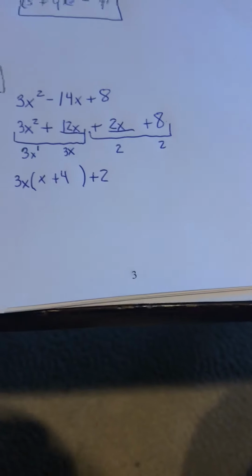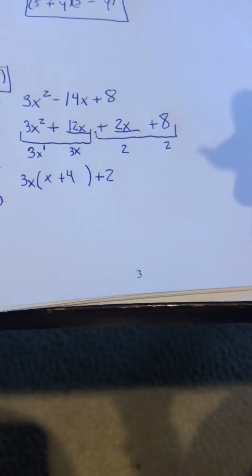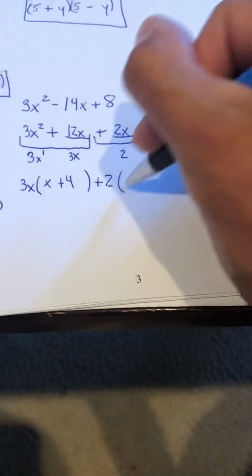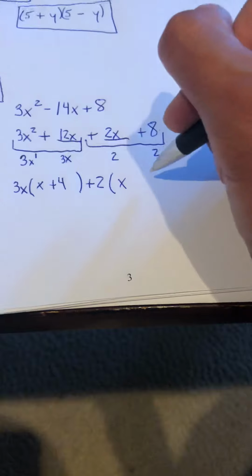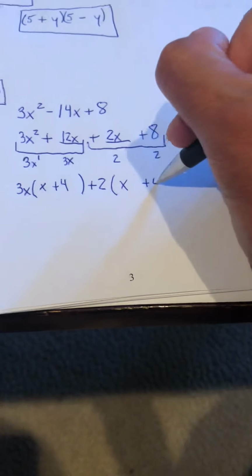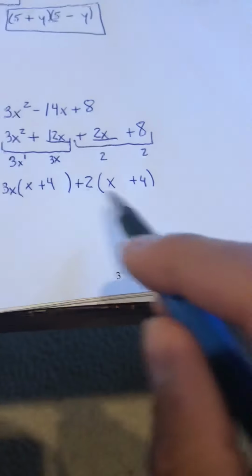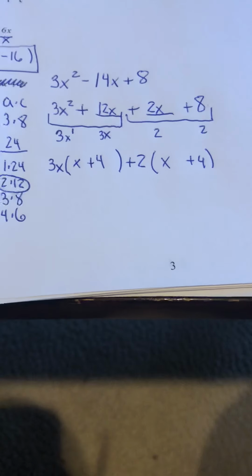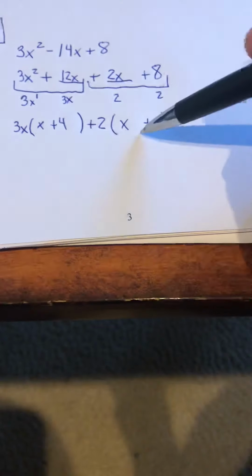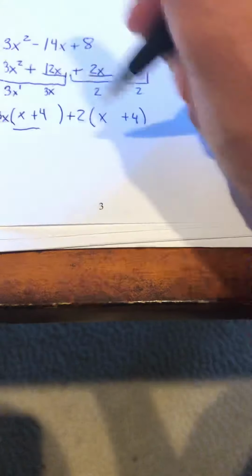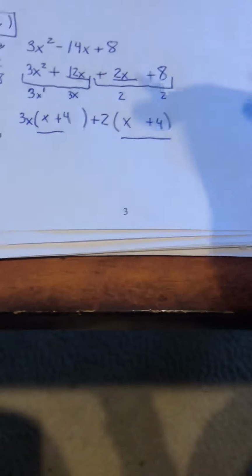So it's a positive 2, so I'm going to write positive 2 there. I then have 2x divided by 2 is just x. 8 divided by 2 is 4. And as I stated, these should be the same, and they are. So now, I'm going to take this binomial, and now it's in common. I'm going to factor out that binomial.